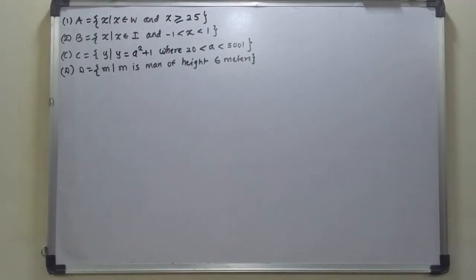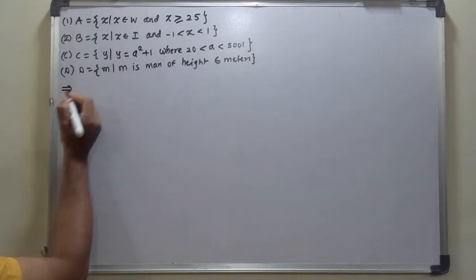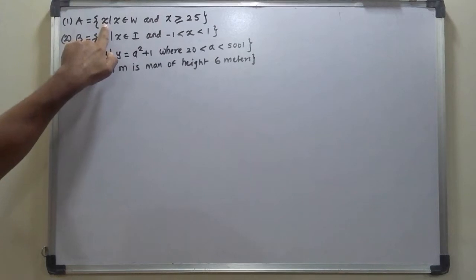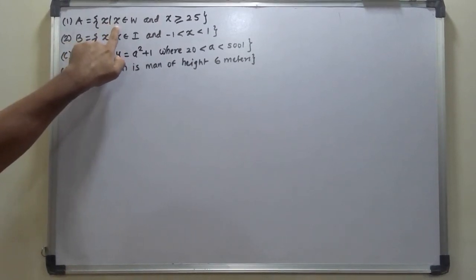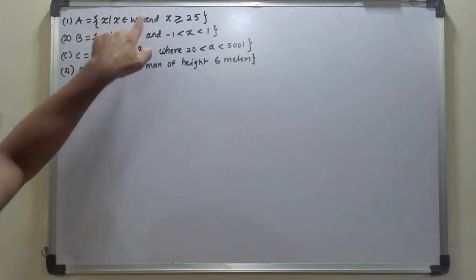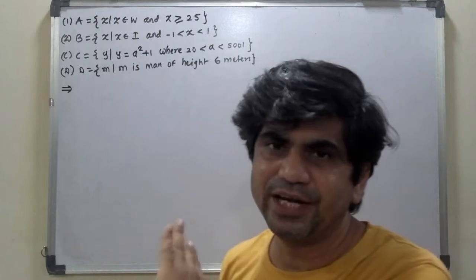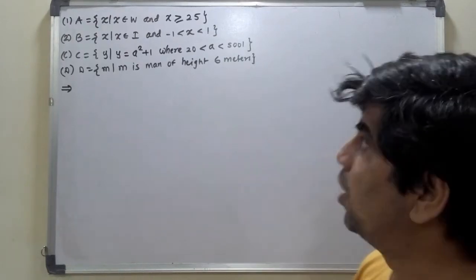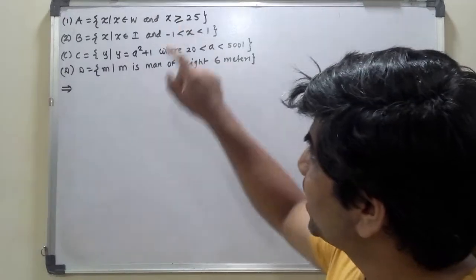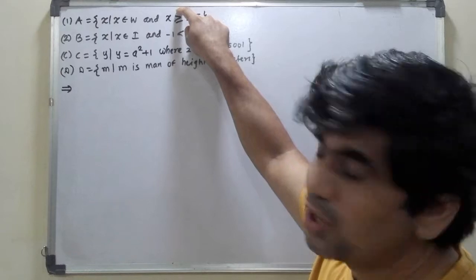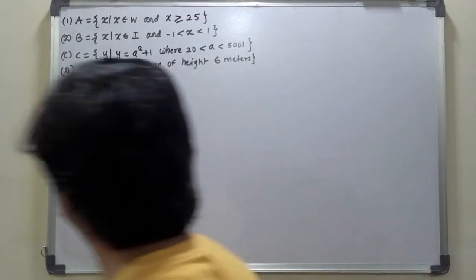Now I have written four sets over here. Let us classify them. Let us go to the first set, A. A is the set of all x such that x belongs to whole numbers. Whole numbers start from 0 and go 0, 1, 2, 3, 4, 5, 6, 7, 8 and so on, such that x is greater than or equal to 25.